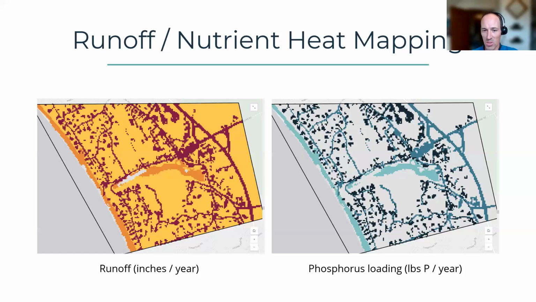Are we talking about a lightly trafficked road in the middle of a forest, versus a 4-6 lane road in an industrially zoned area? They're probably going to behave differently, and HRUs start to get at that and provide a little more information about how you might want to approach your planning or prioritize projects.